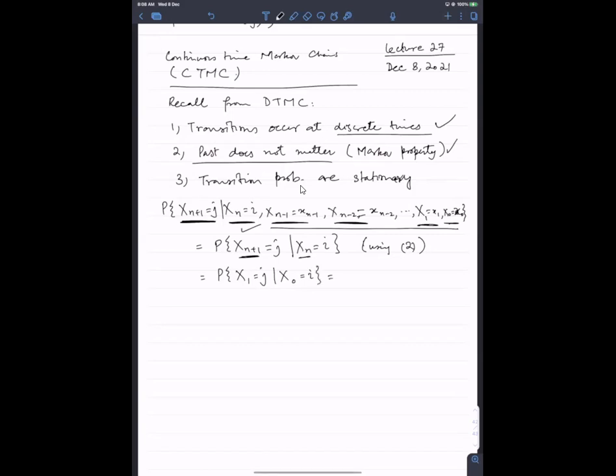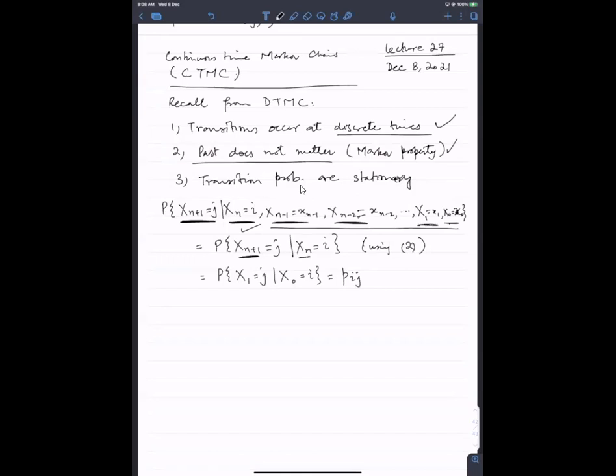And we used Pij to denote this, which is the transition probability. In one time step, you move from state i to state j. What is the probability of that? That's the transition probability Pij. So that's the discrete time Markov chain.